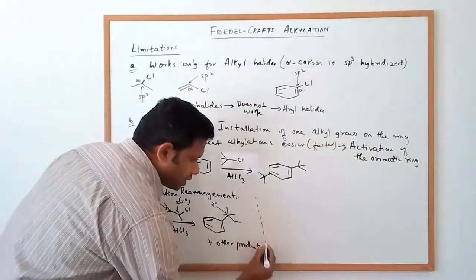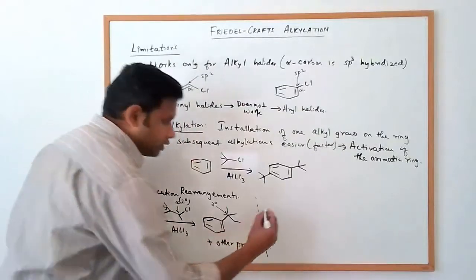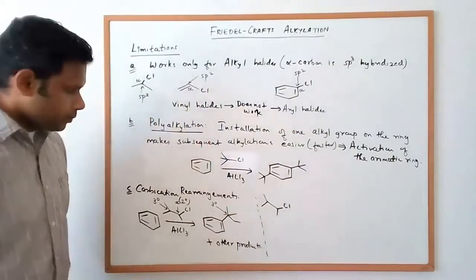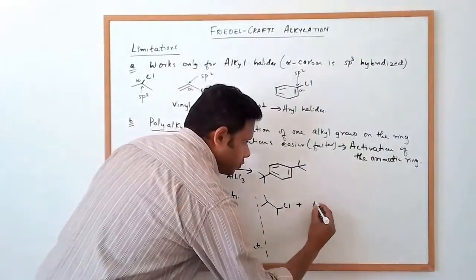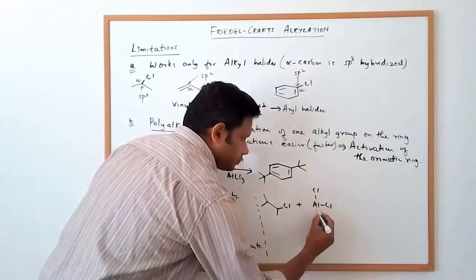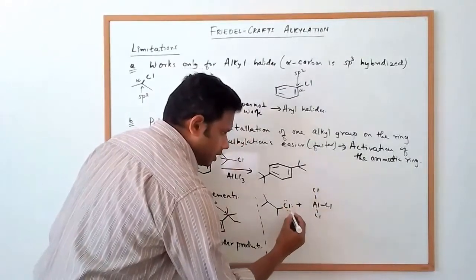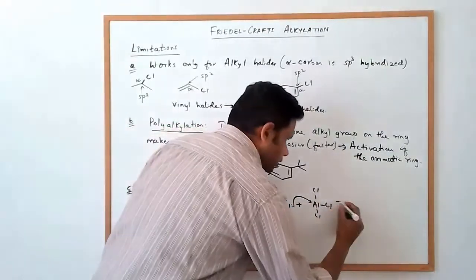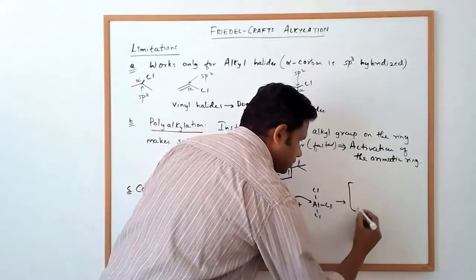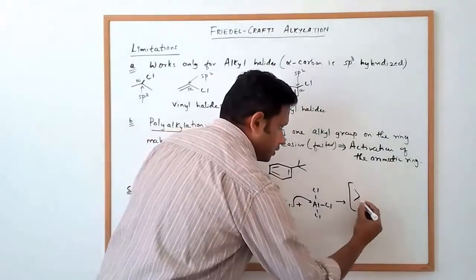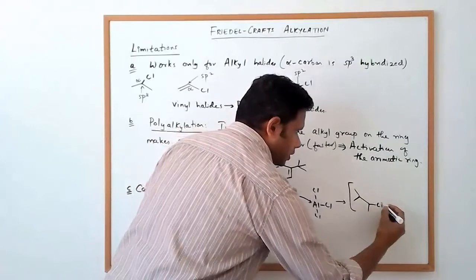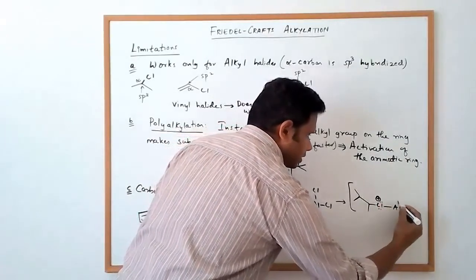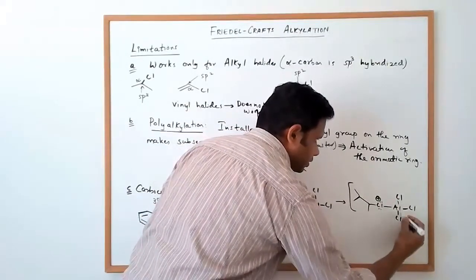So what could potentially happen here is that when we take this alkyl chloride and it interacts with the catalyst, the chlorine shares electrons with the aluminum. This would give us the intermediate, where we have the chlorine with a formal positive charge because it shared its electrons with the aluminum.